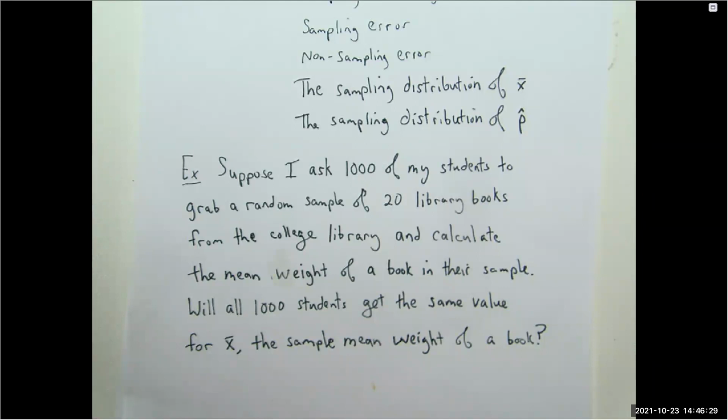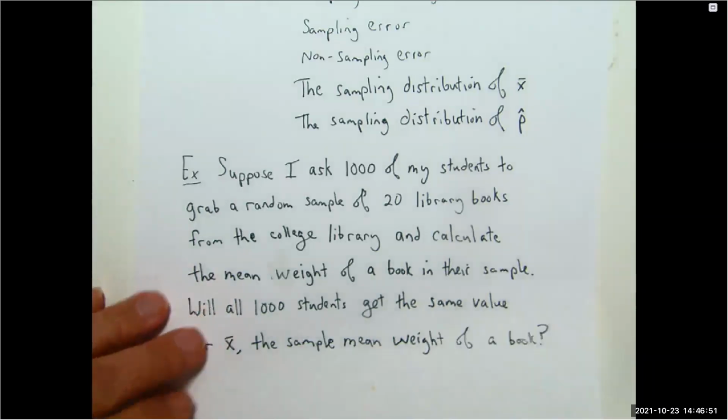So there's 1,000 sample means. Will all 1,000 students get the same value for X bar, the sample mean weight of a book? What do you think? And the answer is no, they won't, because different samples will have different books in them. You're going to get different sample mean weights.